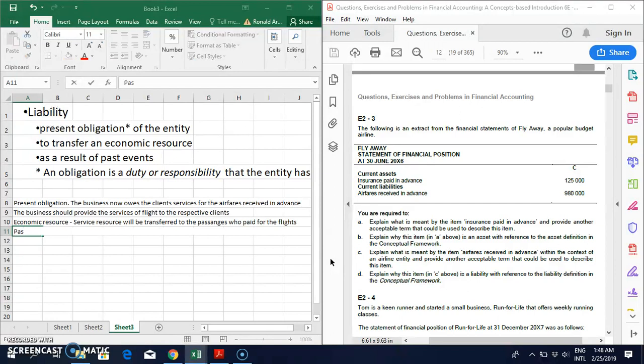So we say past event, we're saying that the clients / passengers made payments in advance for flights. Therefore, they need to receive the services of the airline.